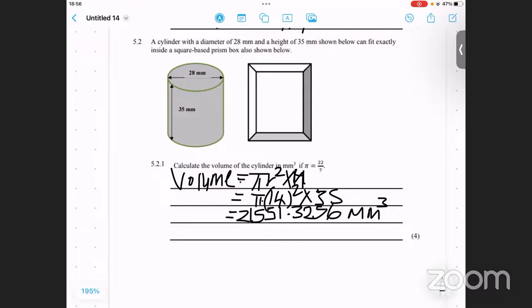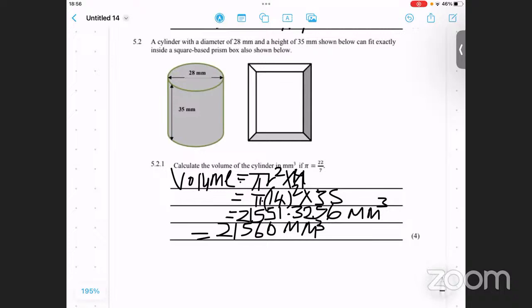Okay, my answer is 21,560 millimeters cubed, right? And I am just wondering why are we getting different answers? Let me see. Shift pi times 14 squared times 35.